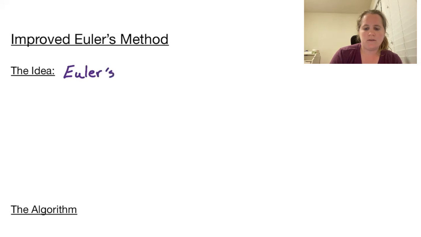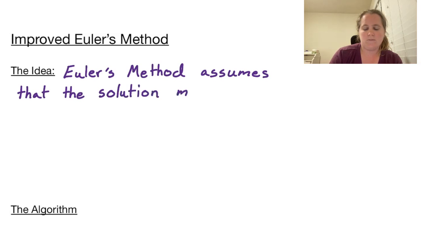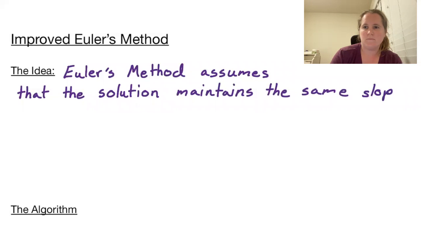So Euler's method assumes that the solution maintains the same slope for an entire step.